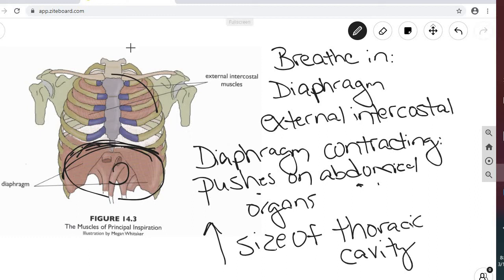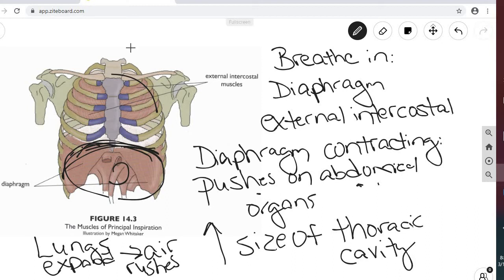If you increase the size of the thoracic cavity, then the lungs expand and air rushes in. So that's how we breathe in: because of the contraction of the diaphragm.